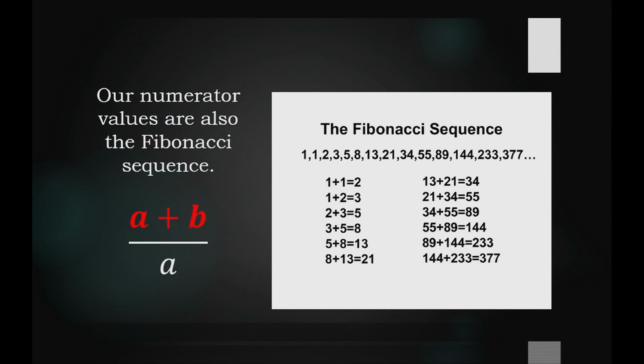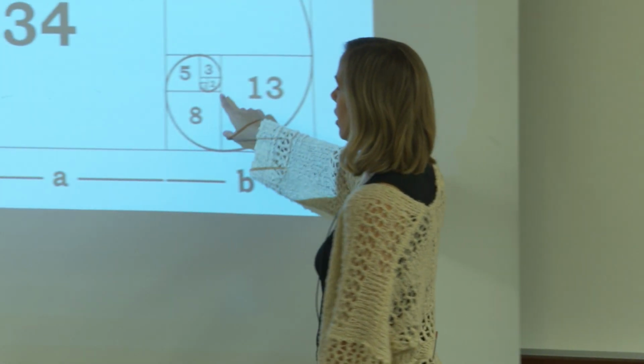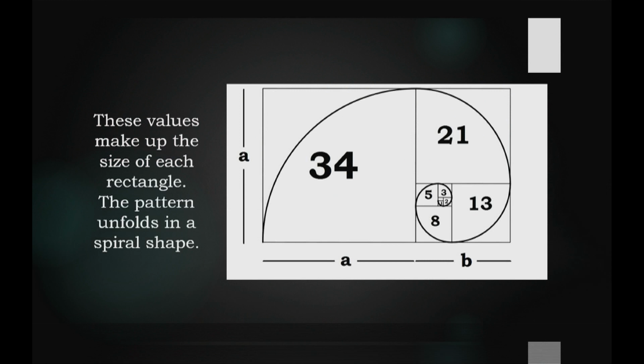As we continue, and we'll talk about these numbers over here in a minute, eventually by dividing those we get to phi, which here we're just going to say is 1.68. Those numerator values are the Fibonacci sequence, where we get the next number by taking the sum of the previous two numbers. So 1 + 1 is 2, 1 + 2 is 3, and so on. That's our A plus B right here divided by A.